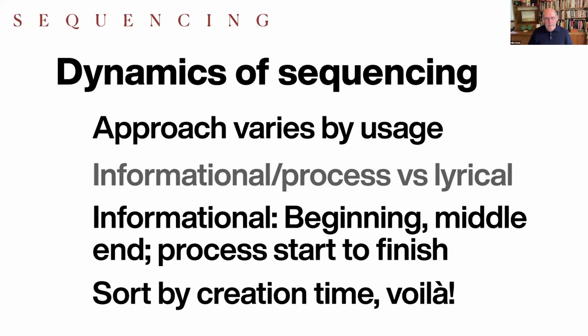So sequencing for publications or settings that are purely informational is a no-brainer and generally not terribly interesting. A lot of newspapers do this. Like, here's the beginning of the game, the middle of the game, the end of the game. Here's the parade and the beginning, the middle, the end. It's why a lot of newspaper photography is boring as hell.